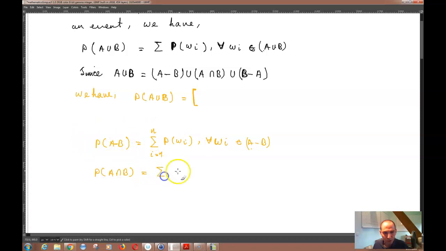So you can write it as sigma of P of omega of I, as I goes from 1 to n, for all omega of I belonging to the set A intersection B. And also to find the probability of B minus A, you can write that as sigma of P of omega of I, as I goes from 1 to n, for all omega of I belonging to the set B minus A.